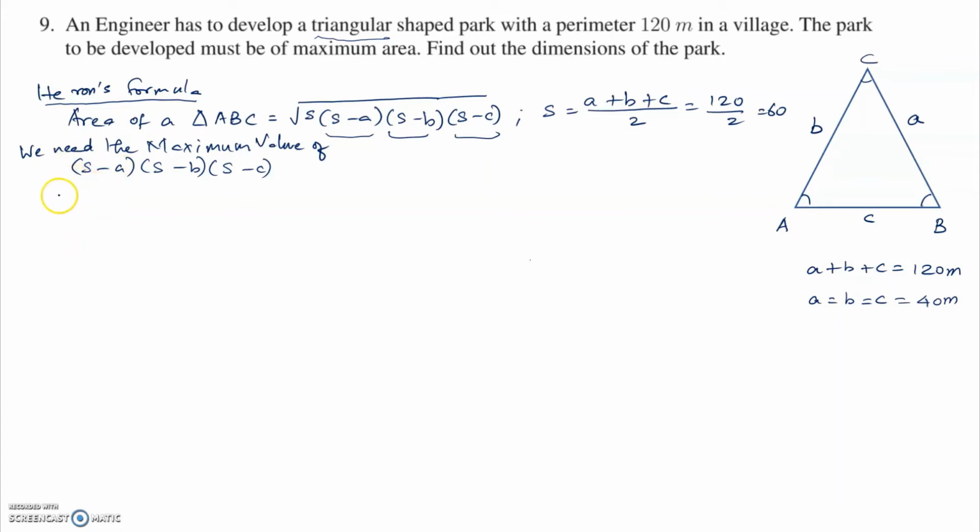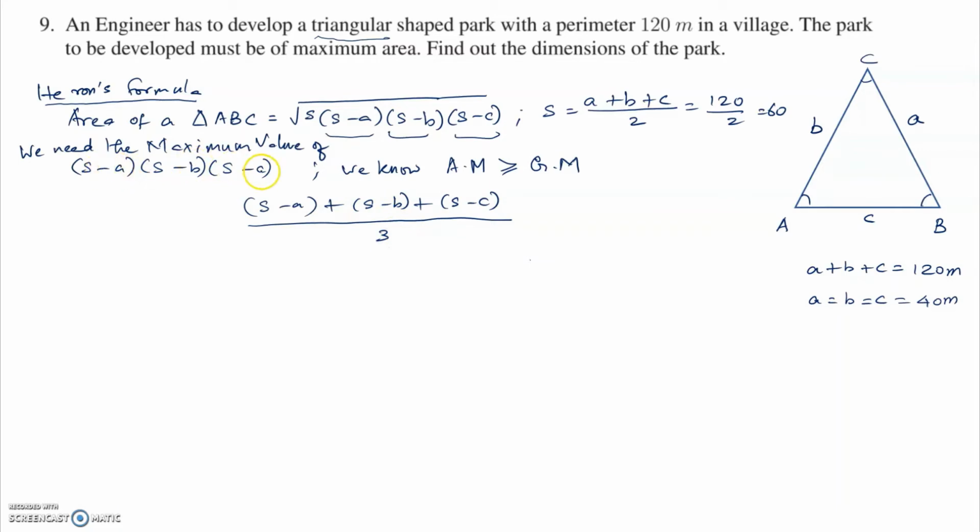Now, we can build a relationship between geometric mean and arithmetic mean. We know that the arithmetic mean is greater than or equal to the geometric mean of any three numbers or any number of elements. So here, what is the arithmetic mean of these three? It will be S minus A plus S minus B plus S minus C divided by 3.